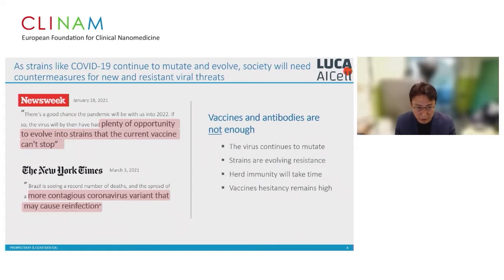They have a very severe problem. So we need a countermeasure for new and resistant viral threats. There is plenty of opportunity for strains to evolve that current vaccines cannot stop. There was also an announcement by Bill Gates in Munich, and a recent TED talk, saying we need to really prepare for the next pandemic.